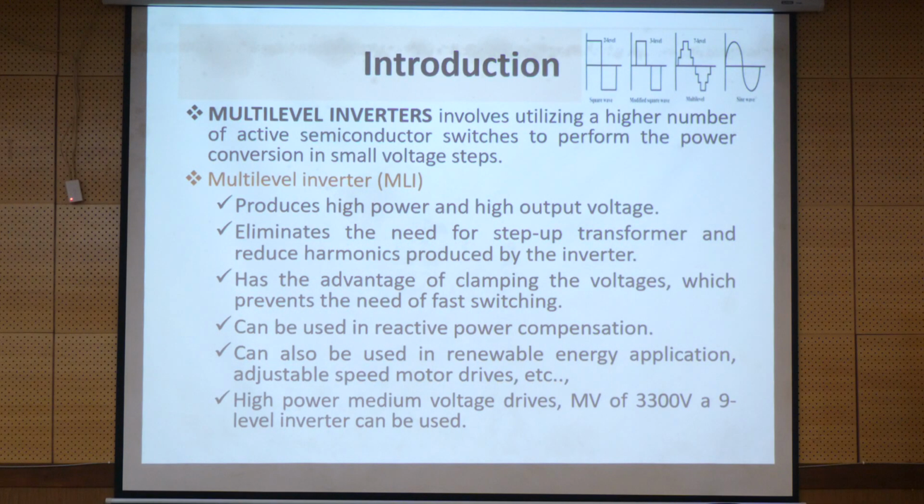We don't have the transformer, and it has the advantage of clamping the voltages, which prevents the need of fast switching. That clamping restricts the switching operation. It can be used for reactive power compensation; you are discussing the frequency variation, which is going to support the reactive power up to a certain period.